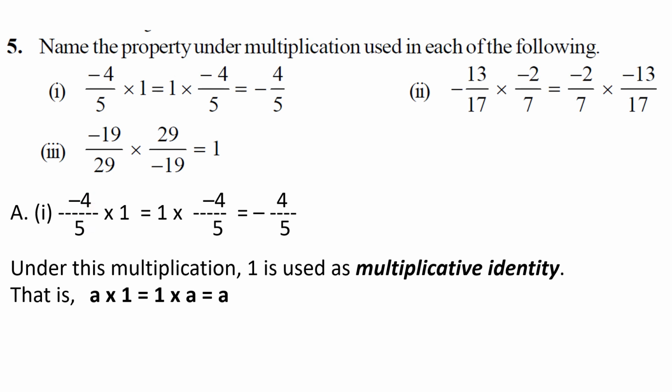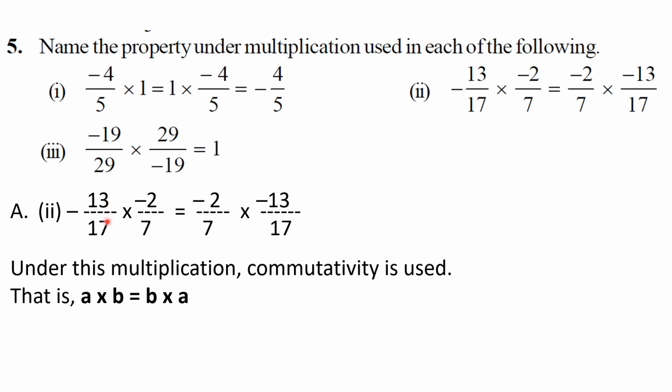Okay, next. Next is minus 13 upon 17 into minus 2 upon 7 is equal to minus 2 upon 7 into minus 13 upon 17. Under this multiplication, commutativity is used. It means for rational numbers, multiplication is commutative. That means A into B is equal to B into A. We multiply 3 into 2, we get 6, or we multiply 2 into 3, we get 6.